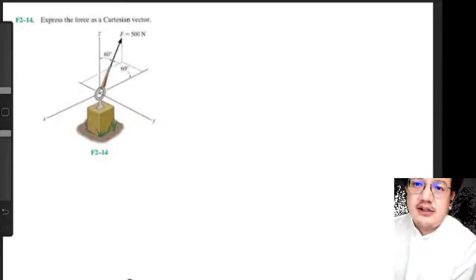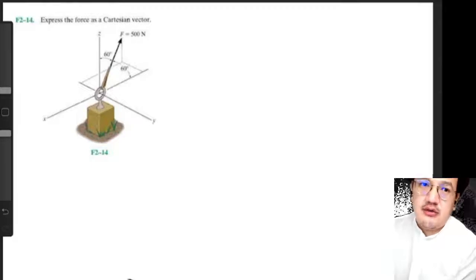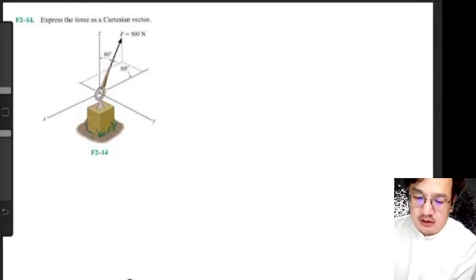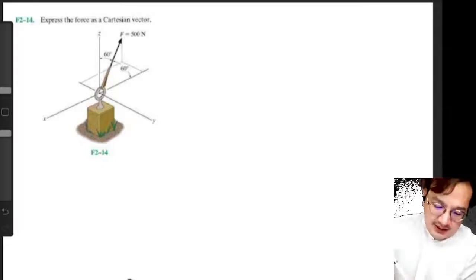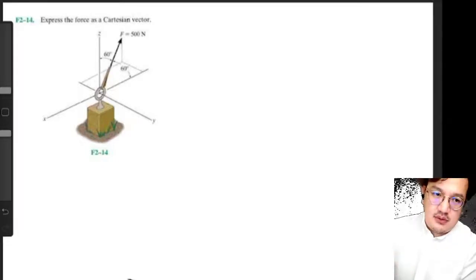Some students ask me to solve this type of question, and this question comes from the statistics textbook by Hibbeler. In class, I always tell my students that there are three types of questions in terms of three dimensions.